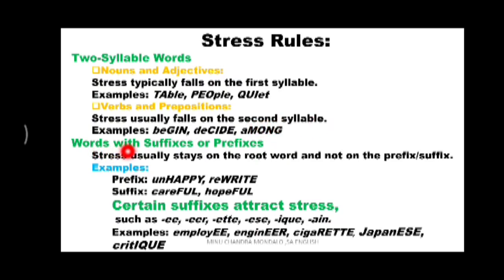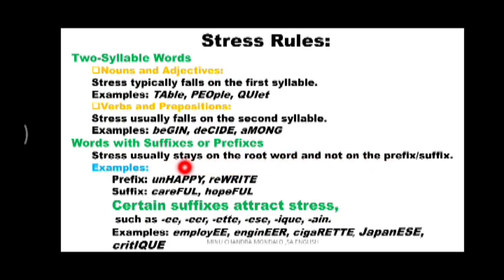Now let us know the stress patterns of words with suffixes and prefixes. Stress usually stays on the root word and not on the prefix or suffix in the case of a bisyllabic word. For example, unhappy. Here, un is the prefix whereas happy is the root word. So, as per the rule, the stress will fall on the root word, not on the prefix.